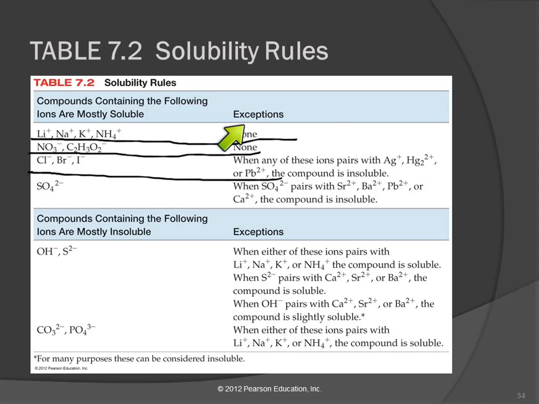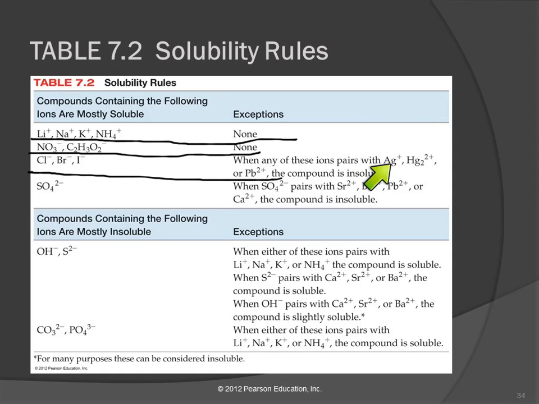There are no exceptions. Every compound that has one of those ions in it is going to dissolve in water. If you have a compound with nitrate or acetate ion in it, it will also be soluble. Doesn't depend what the other ion, doesn't matter. If you've got one of the halides, chloride, bromide, or iodide, those are mostly soluble, but there are some exceptions.